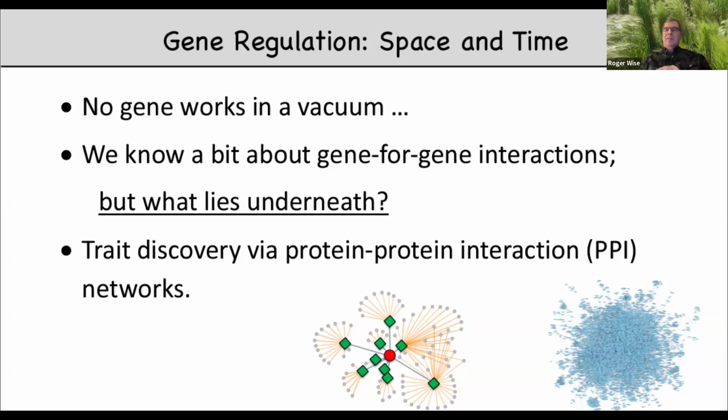We know there's a whole proteome interacting in response to a lot of stresses: pest, disease, drought, cold, and heat. Okay, so that's the main question. Like I said, we work with gene for gene interactions, but what lies underneath? So next slide.